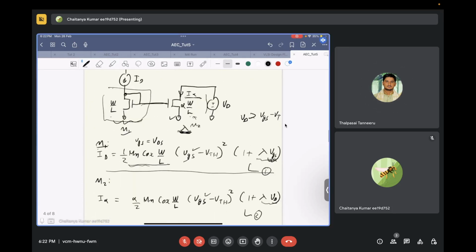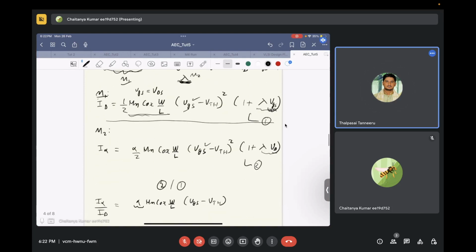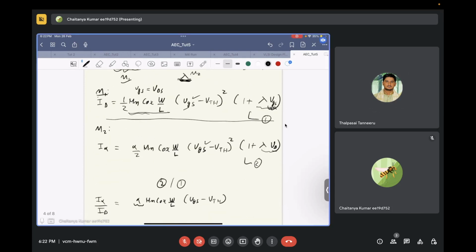No, here this is a diode connected transistor. So your drain and gate are shorted, so your VGS will be equal to VDS. Yes, correct. So you have I alpha equal to alpha by 2 mu n Cox W by L times VGS minus VTH whole square times 1 plus lambda VD.